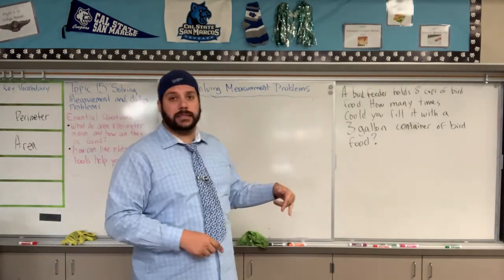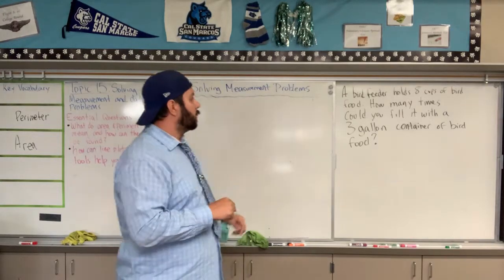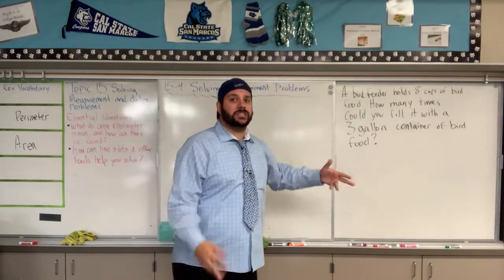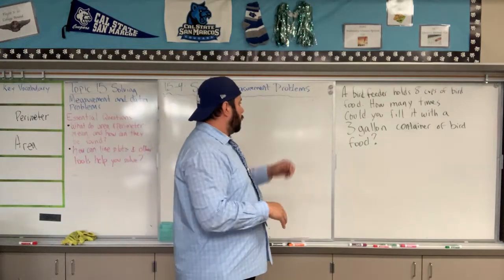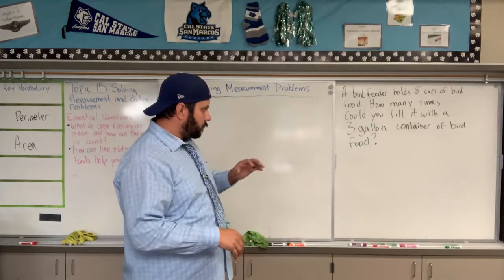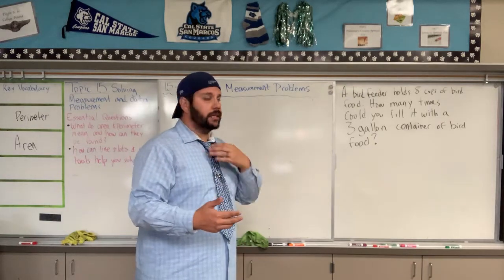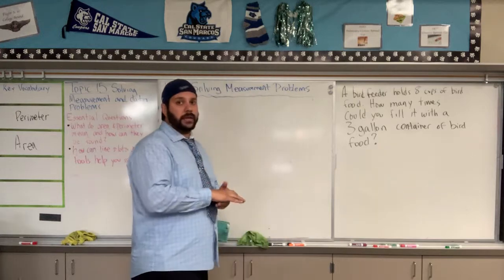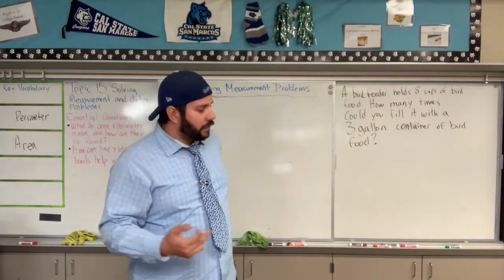Well, cups and gallons, that tells me it's going to be capacity. All right, so I know 2 things, and it didn't even say those 2 things. I just figured it out because you and I were smart together. And I'm being asked to compare between cups and gallons. That's fine. I'm going to have to do some converting.